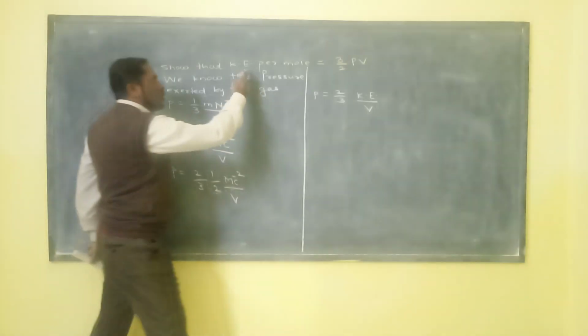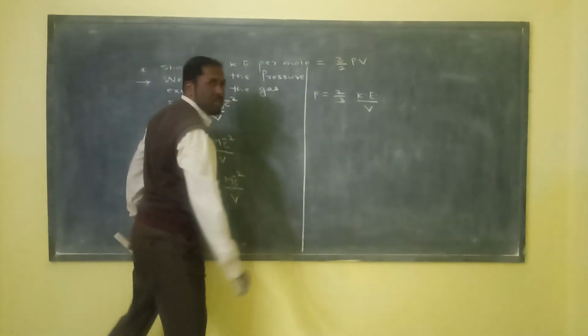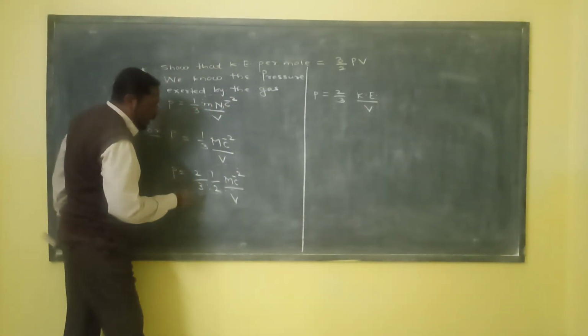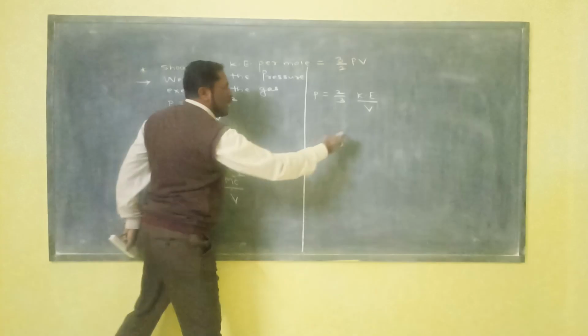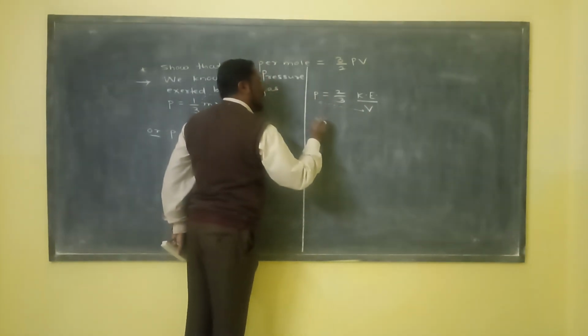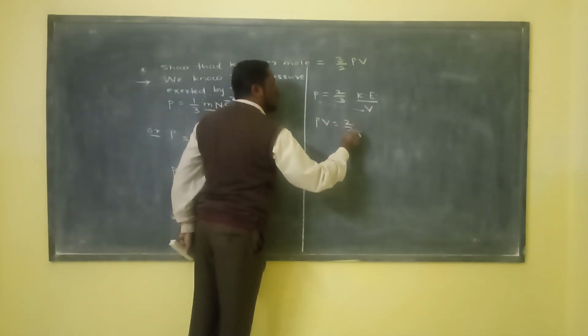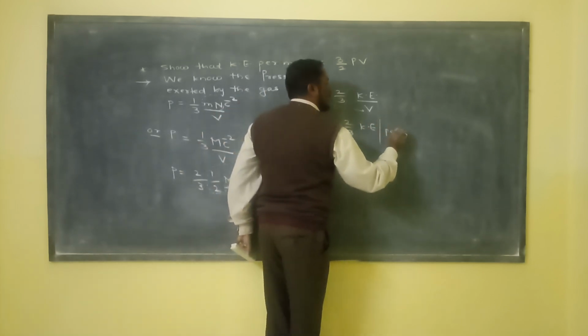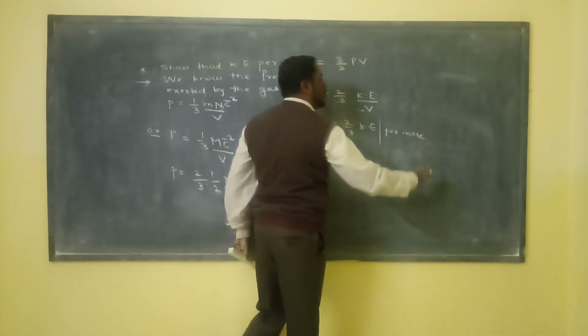What is again in the question? In the question, PV is there. So P is equal to 2 by 3, this factor kinetic energy upon V, multiplied by PV. So we get PV is equal to 2 by 3 kinetic energy. Nothing else is there, we name it as per mole.